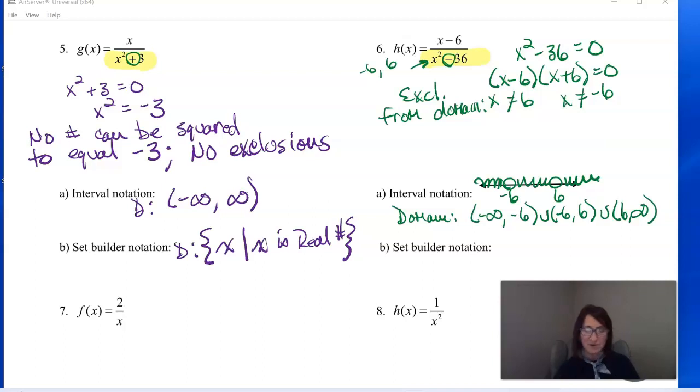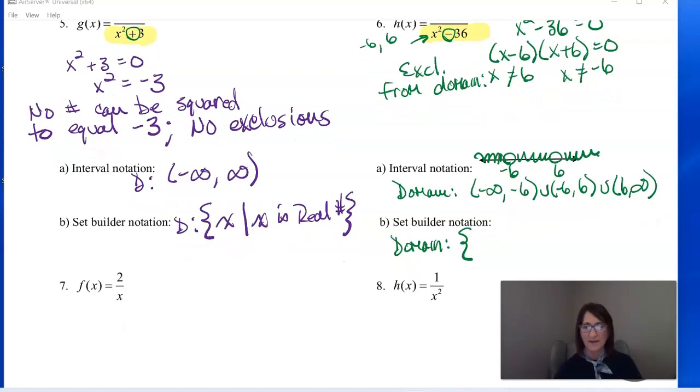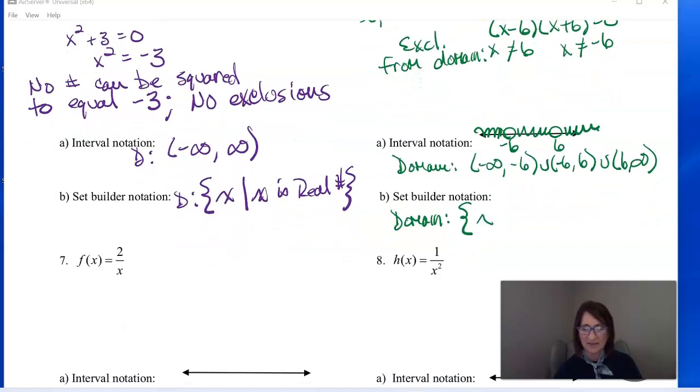In set builder notation, our domain is going to be squiggly brackets, the set of all x such that x is a real number and x cannot be equal to negative 6, x cannot be equal to positive 6.